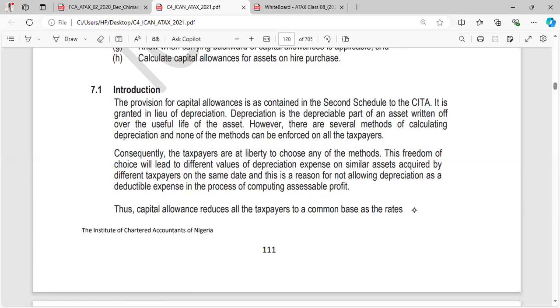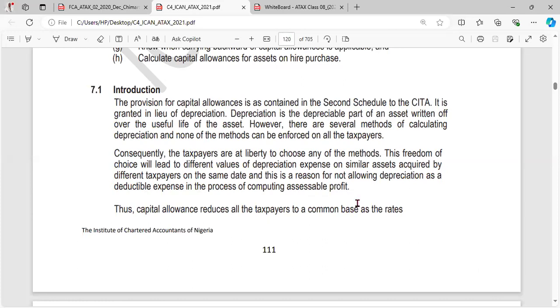If one of them says that the useful life of the vehicle is 4 years, and the other says it's 5 years, and assuming it's 1 million, the one with 4 years will be providing 250,000 naira for depreciation every year, while the one using 5 years will be providing 200,000. So you see, even with the same method, different lifespans could cause a difference.